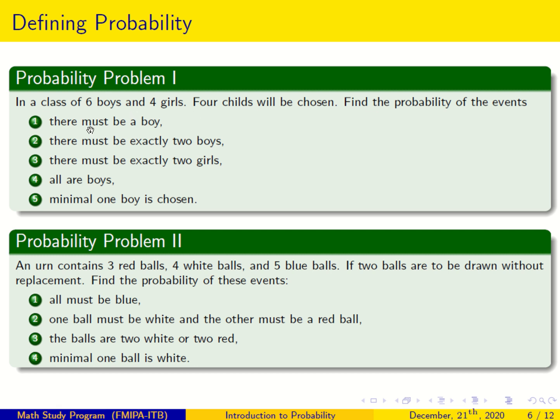Remember, the probability of this event is the number of wanted events divided by the number of possible outcomes. So spend time to find the probability for all of these problems.